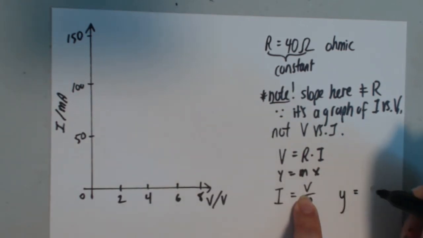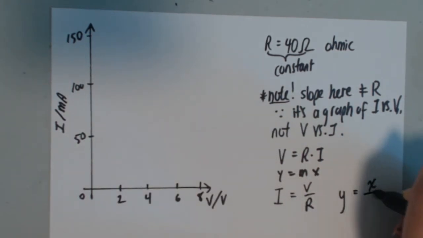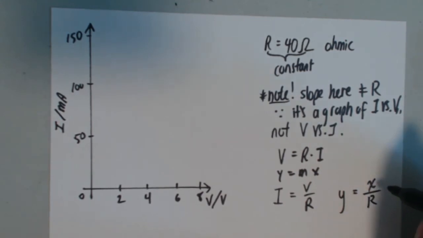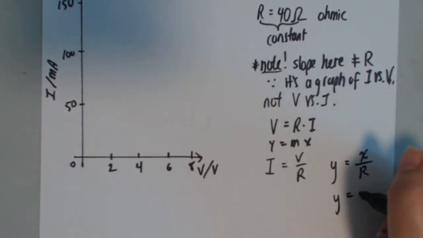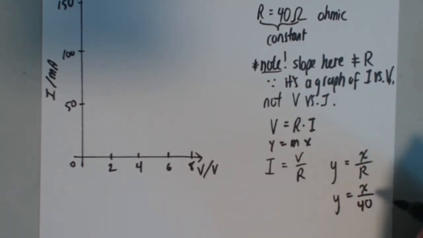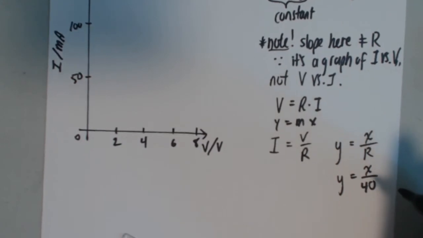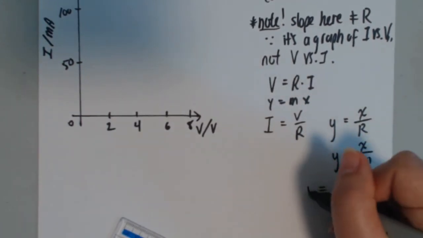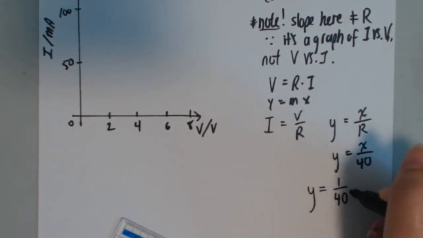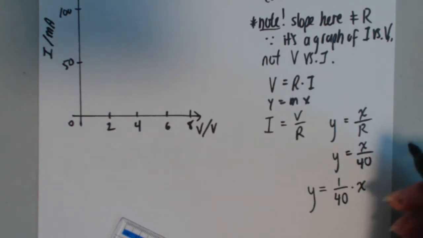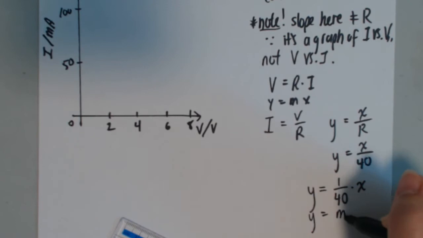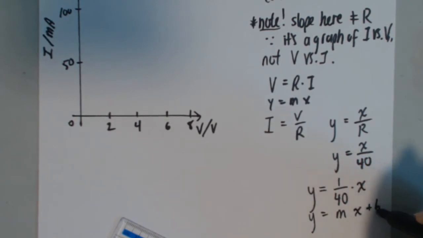So essentially what I have here is Y is equal to X over some number, okay? Okay, we'll just call it R. Or if you want, you can even call it 40 because it's 40. Y is equal to X over 40. If I have an expression like this, I can actually rewrite it as Y is equal to 1 over 40 times X. And now it looks like a straight line again, right?